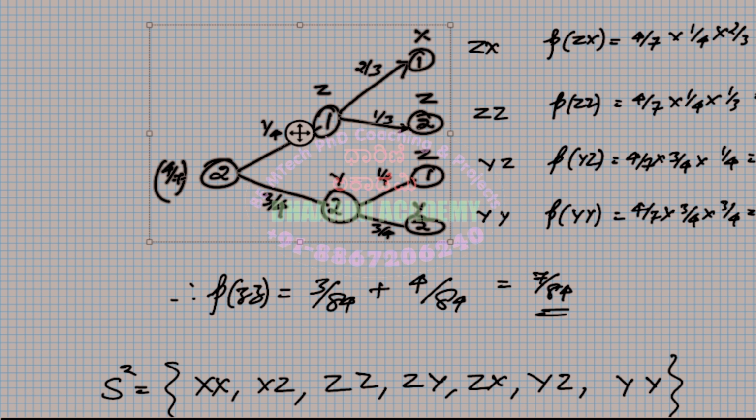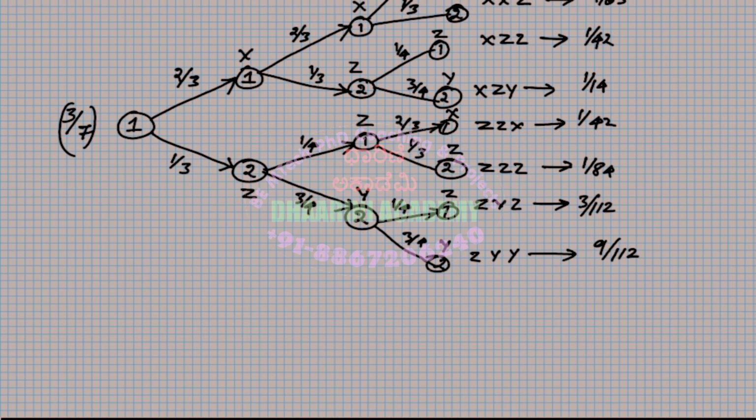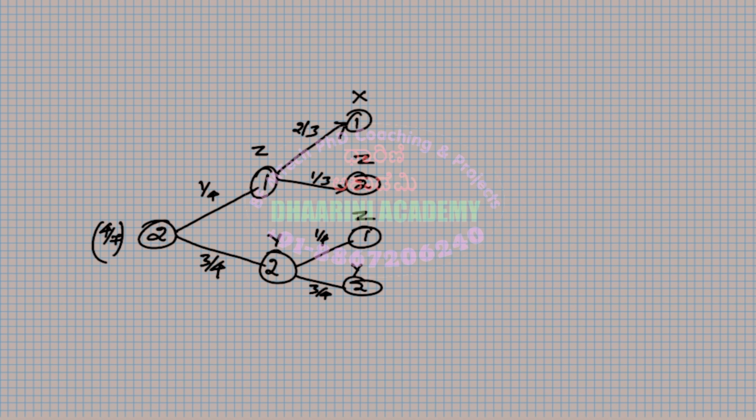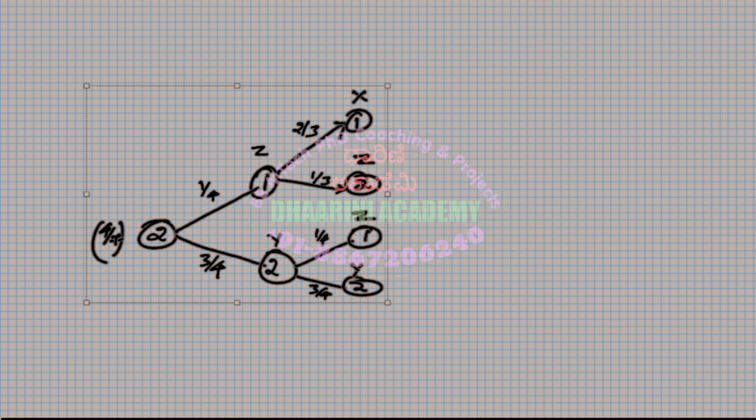Okay, so this second diagram, I'll just paste it. So from here, let us try to expand this further.